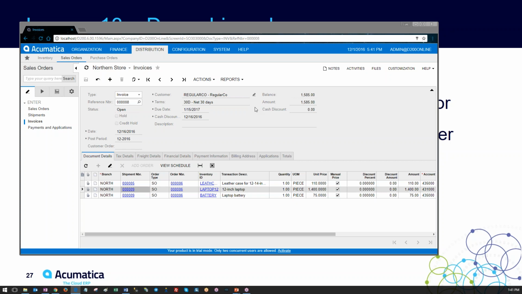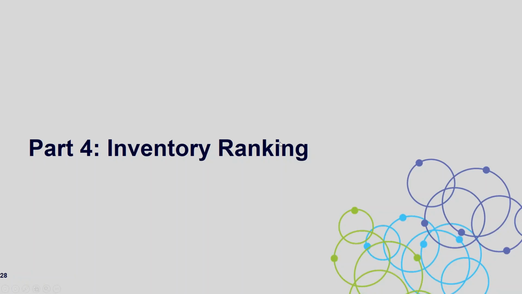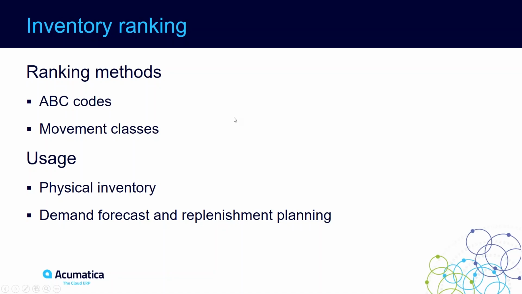Okay, so for lesson 14, movement classes, let me go back to the presentation, where we are going to start with part 4, inventory ranking. On the inventory ranking, we have methods, one of which is ABC codes, and the other is movement classes, and the usage is physical inventory and demand forecast and replenishment planning.